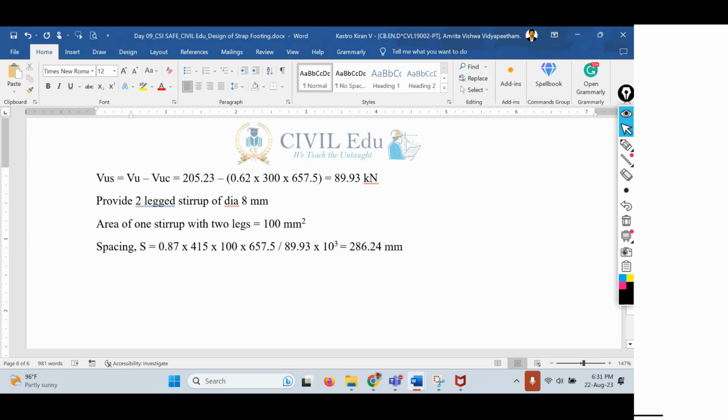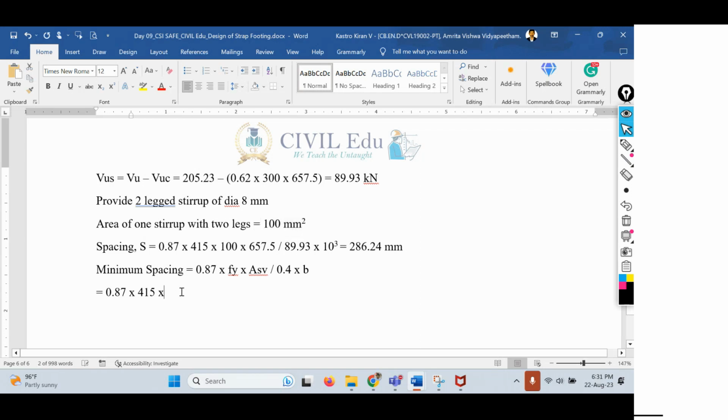Then we also have a minimum spacing formula. Minimum spacing equals 0.87 into Fy into ASV, where ASV is the area of the vertical stirrup, divided by 0.4 into B. Fy is 415, ASV is the area of one stirrup, 100 mm square, and B is 300 mm.